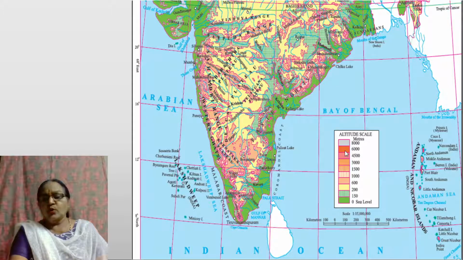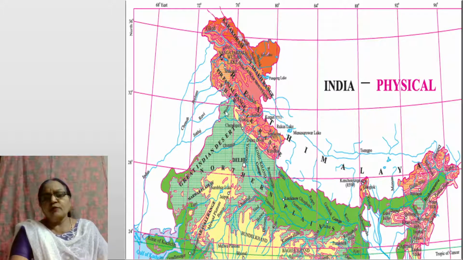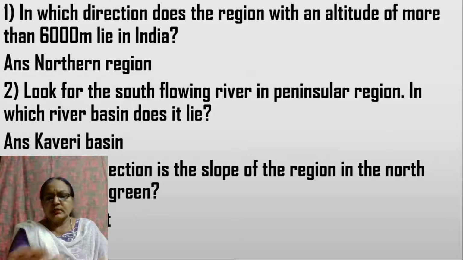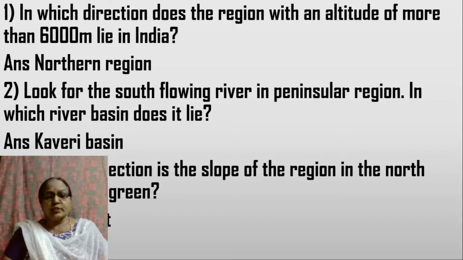This color, if you see, you find more of this in the north. Can you see above 6,000 meters? These are the regions. So in which direction does a region with an altitude of more than 6,000 meters lie in India? It is the northern region.